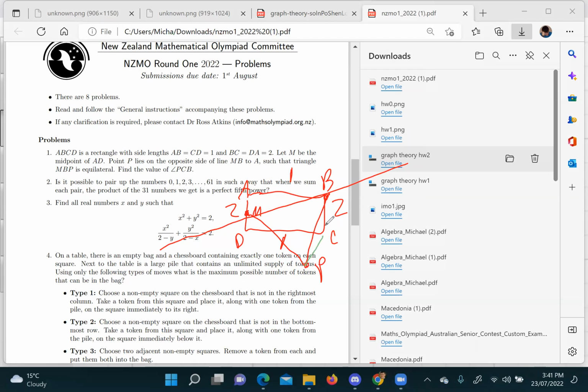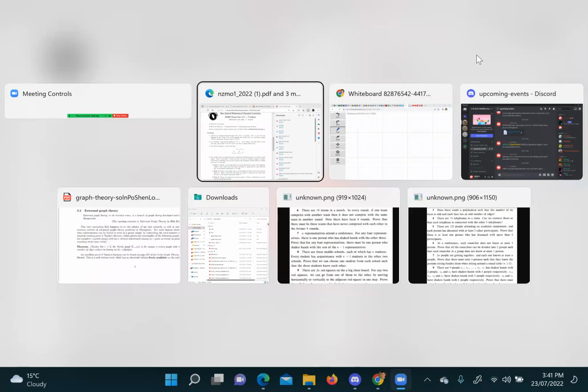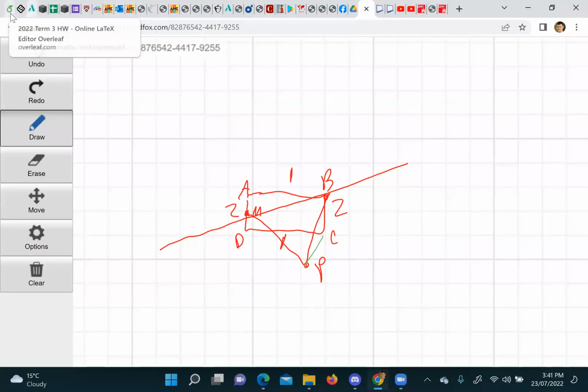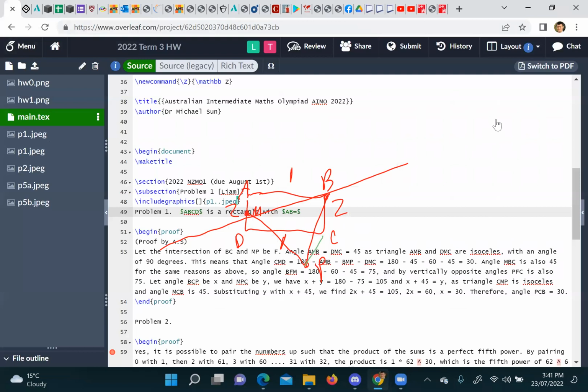Okay, so before I transport back to the whiteboard, let me show you where the homework gets done. So that's the file, right? I'm paying for it so you can all share this for free, yeah?